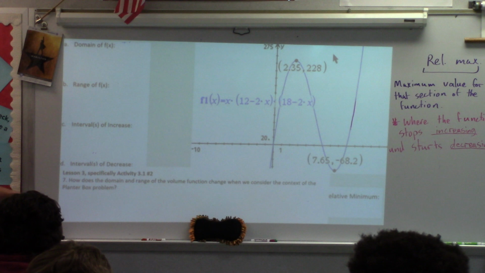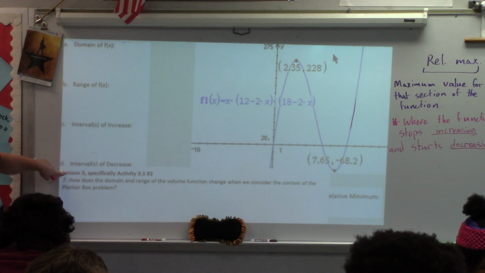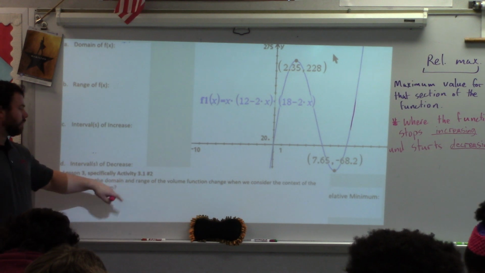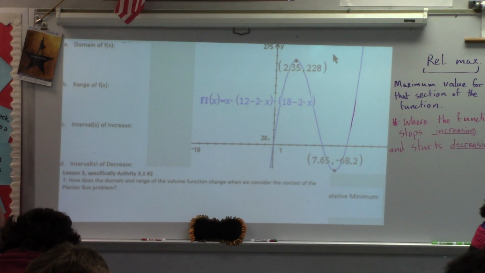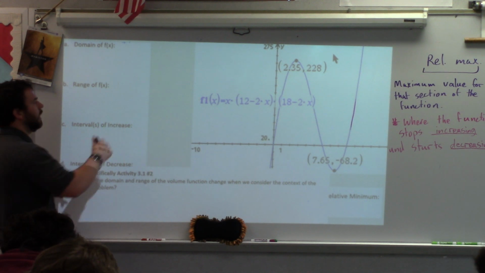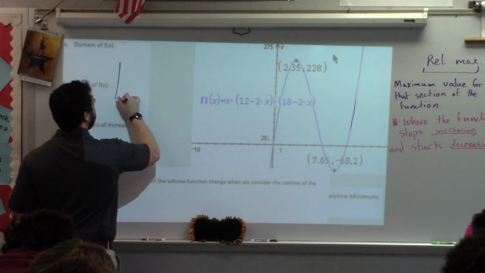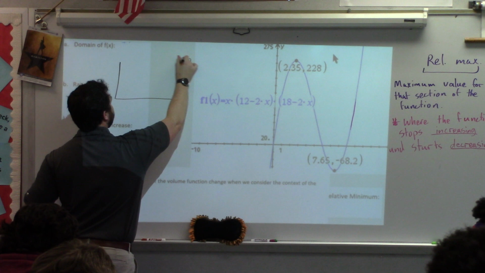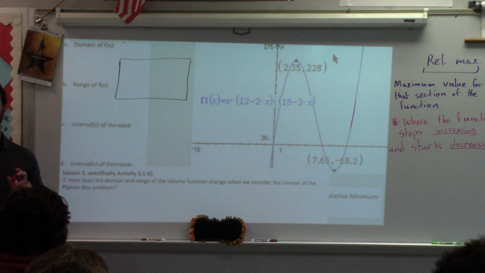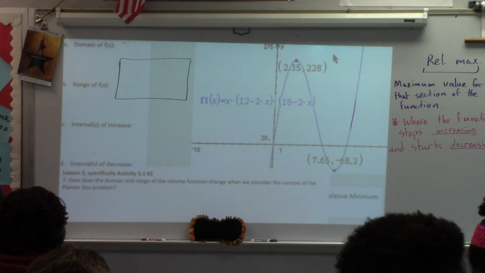I really should move this up, but I want you to notice here's some notes in bold on the black for number 7. A lot of us forgot about the context of this problem. Remember, we originally had a rectangular sheet of paper, and then what did we do to that rectangular sheet of paper to fold it up and get a volume, a rectangular prism?